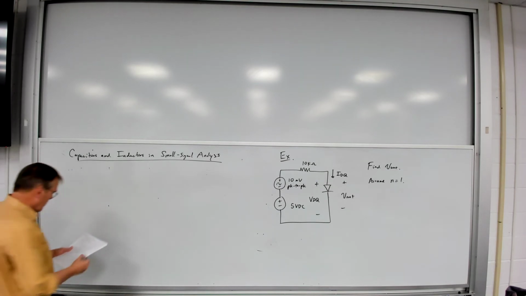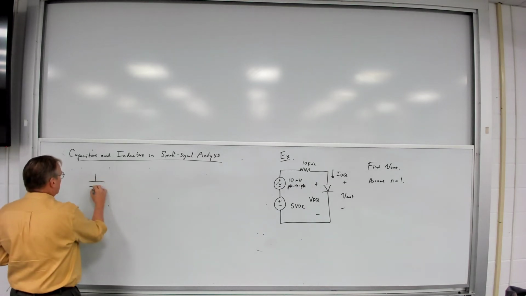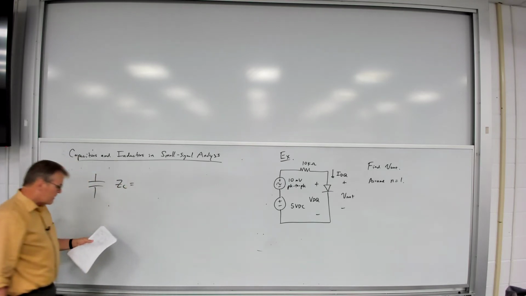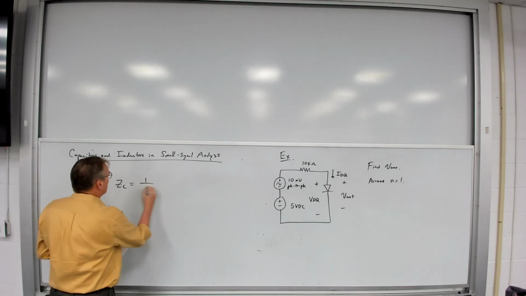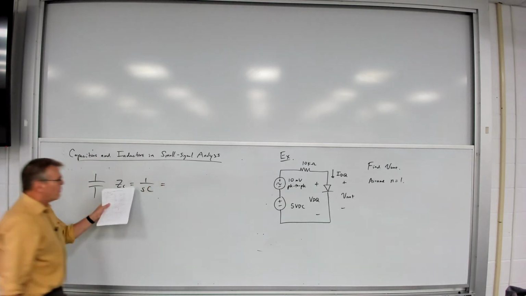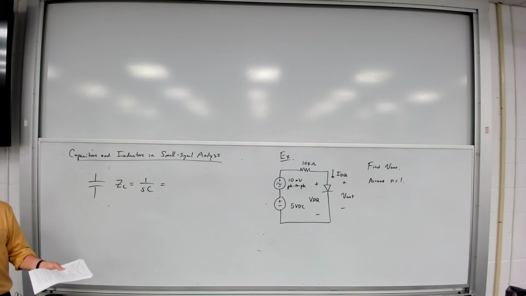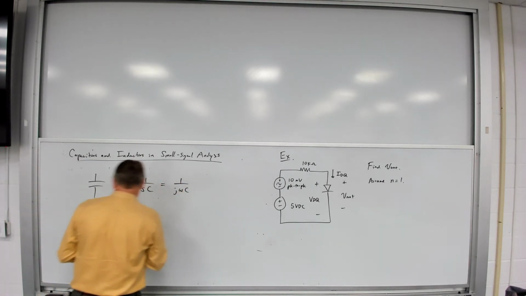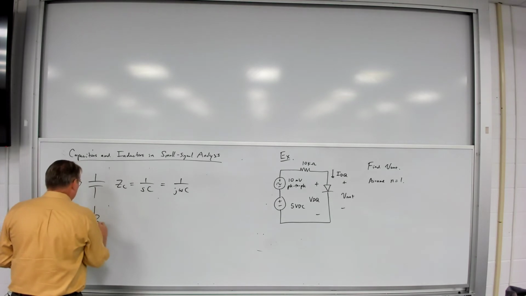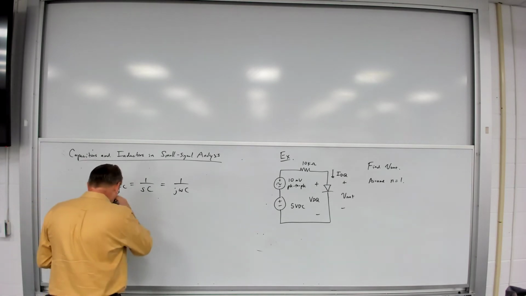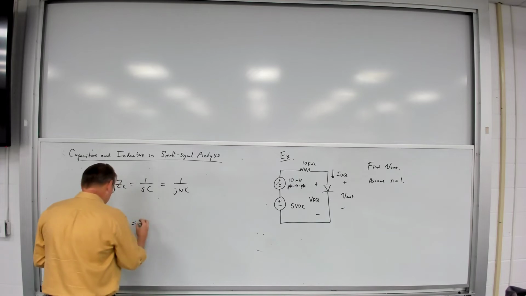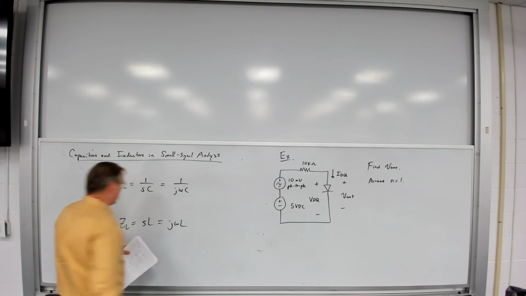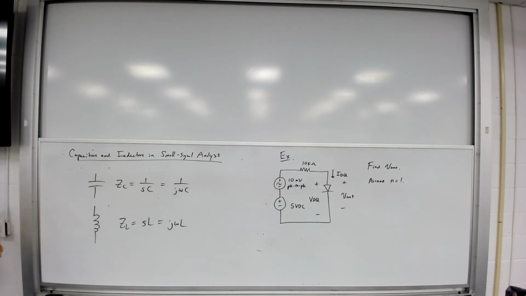Well, you guys remember in circuits 1, the impedance of a capacitor is 1 over SC if you've had circuits 2, or equal to 1 over j omega C. The impedance of an inductor is equal to S times L, which is j omega L. So depending upon whether you've done Laplace transforms, you've used that S variable.